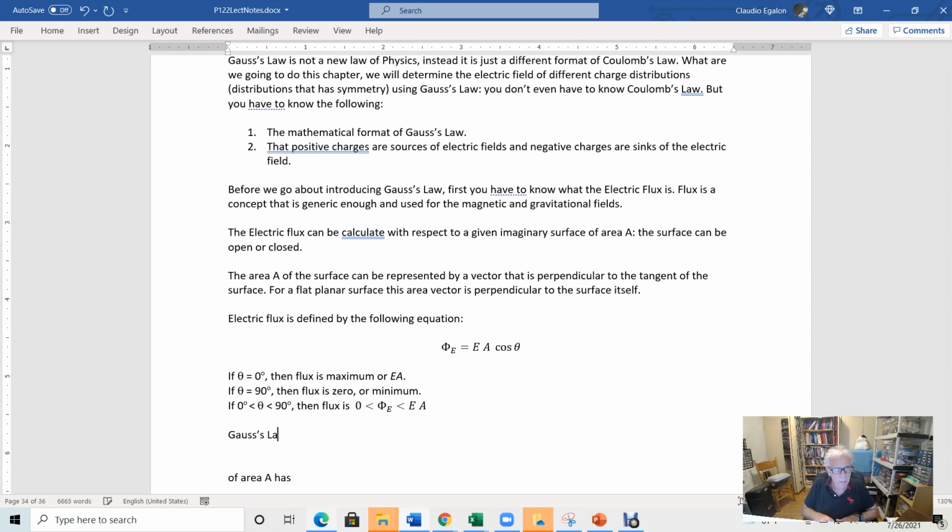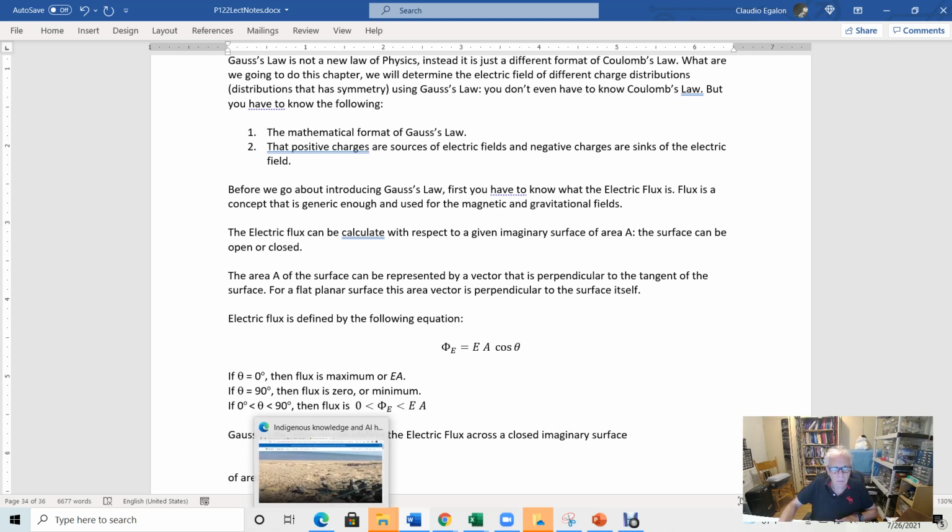Gauss's law relies on calculating the electric flux across a closed imaginary surface.